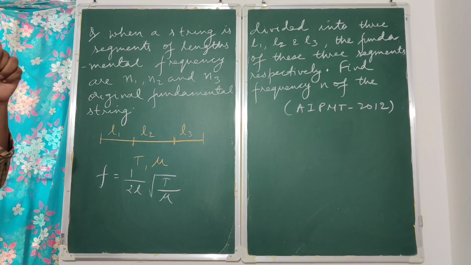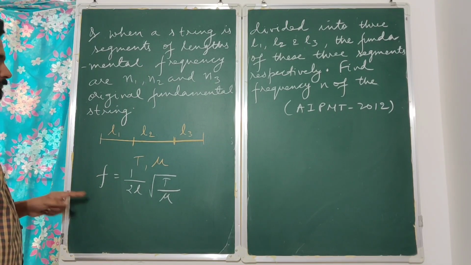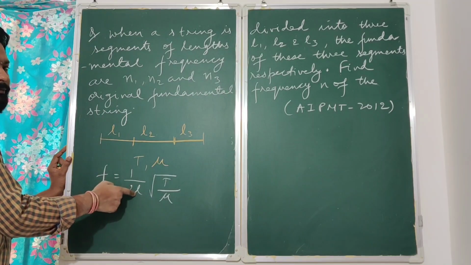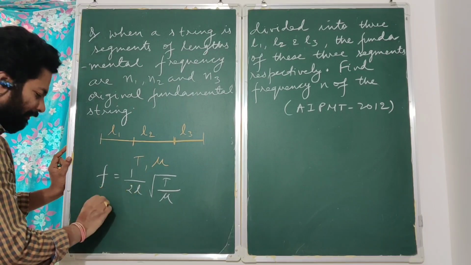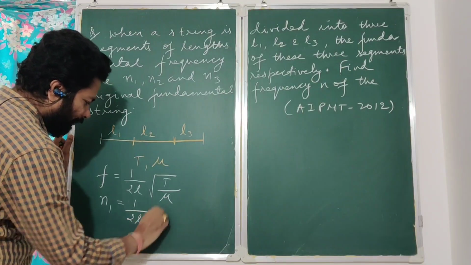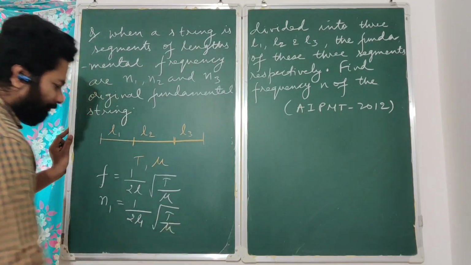So can we write that here, or you can say what you are observing is n is inversely proportional to L. So we can write n1 is equal to 1 by 2L1 root of T by mu.